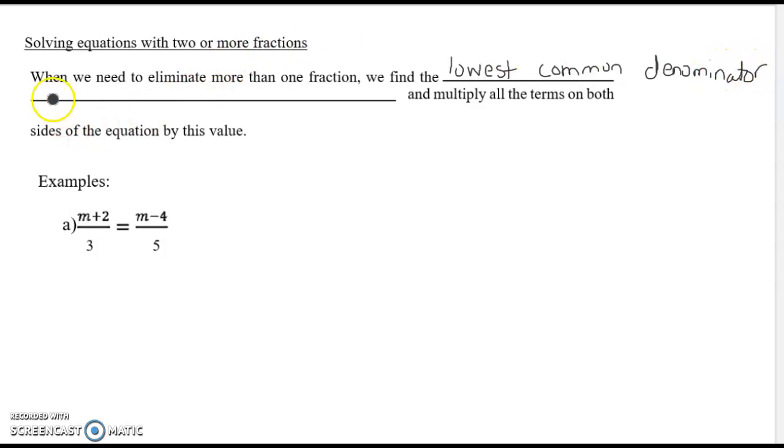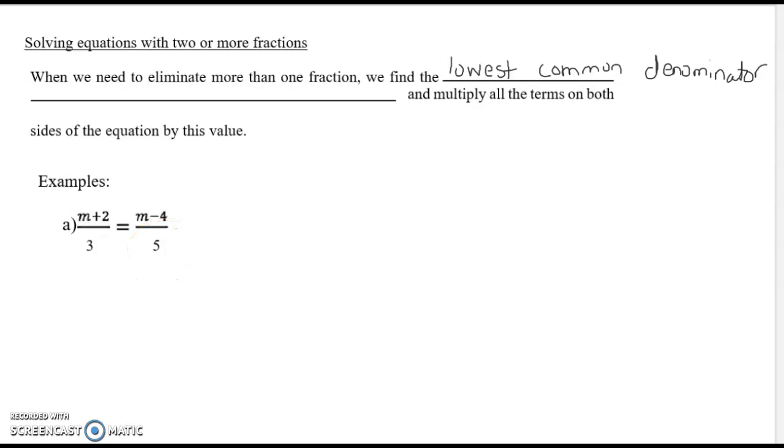I just thought it'd be easier than trying to squeeze it there. So find the lowest common denominator, and then you multiply all the terms on both sides of the equation by that value. So, first one right here, we have a denominator of 3 and a denominator of 5.